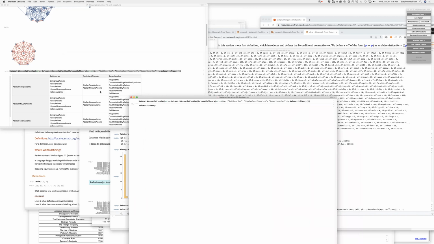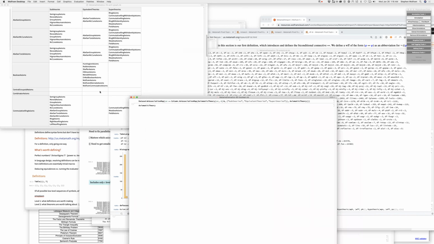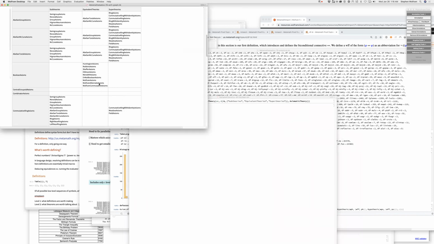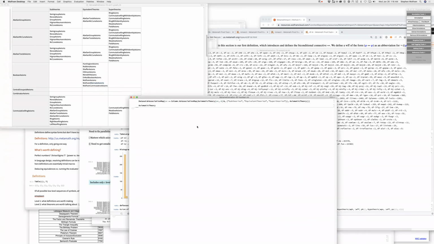Equivalent theories. Is that what we want? Well, there's Boolean axioms. What the hell is that structure? And Boolean axioms.